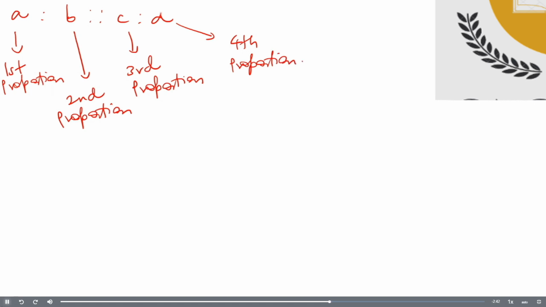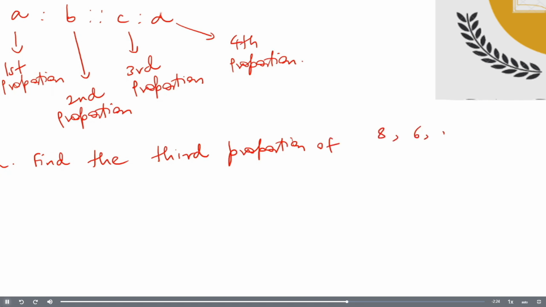So now let me take an example, a question here. Find the third proportion of 8, 6, and 12.